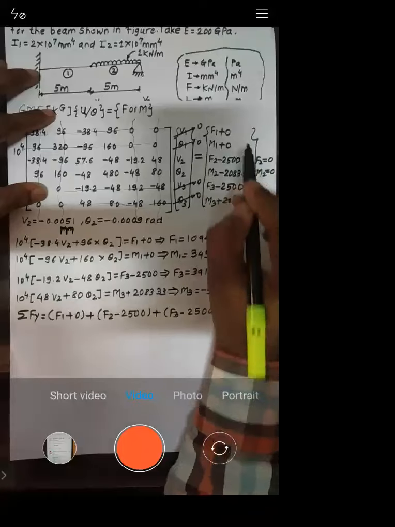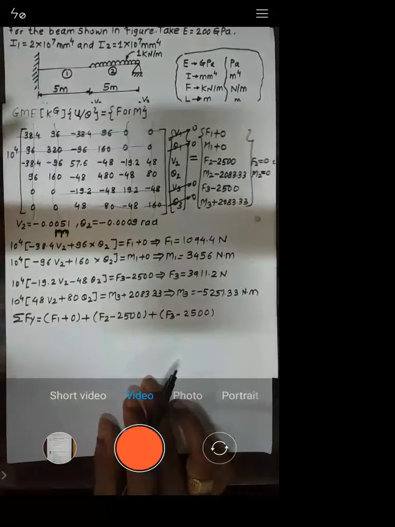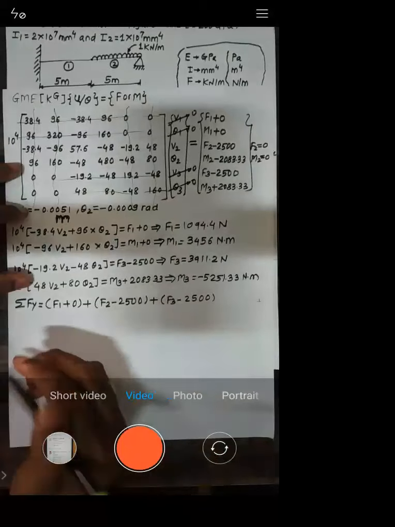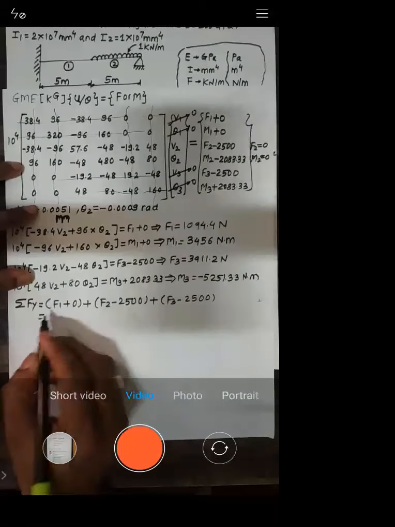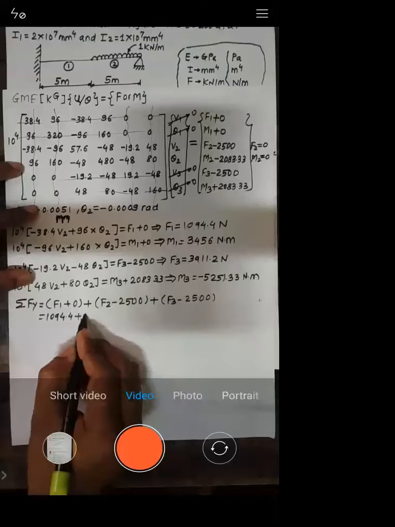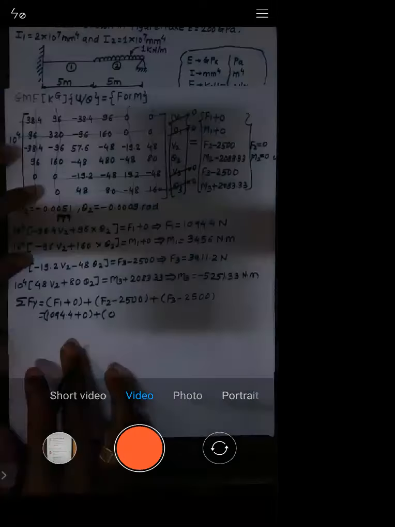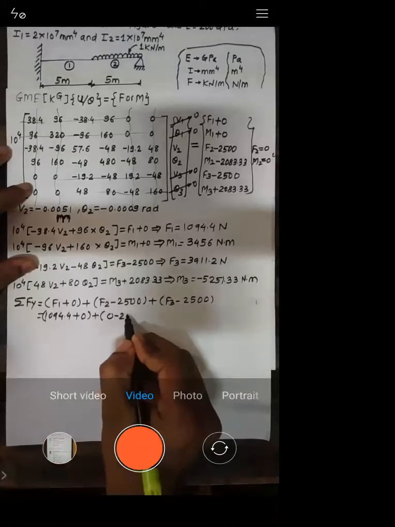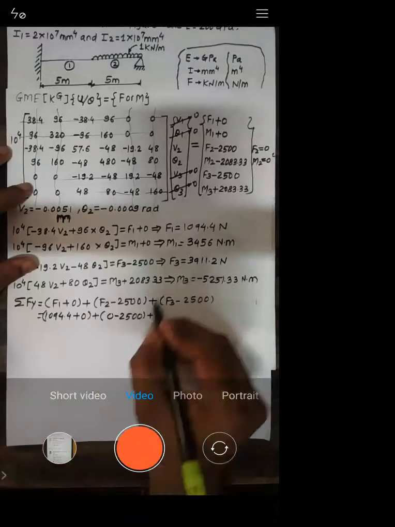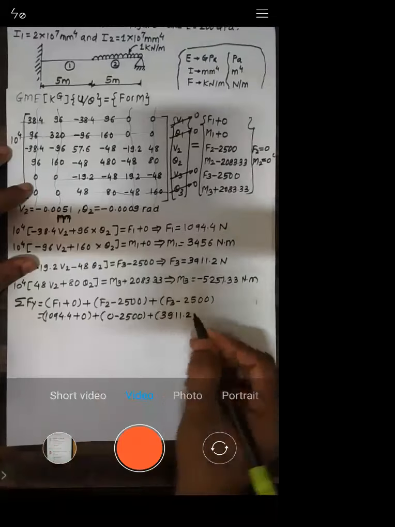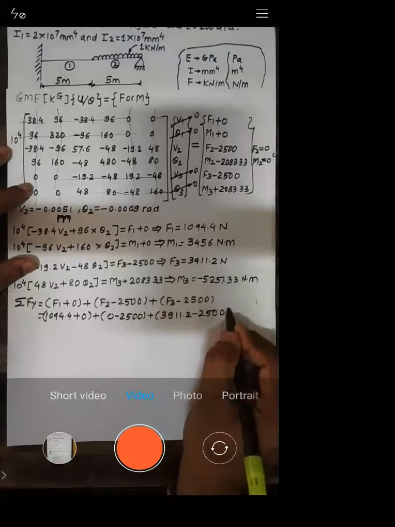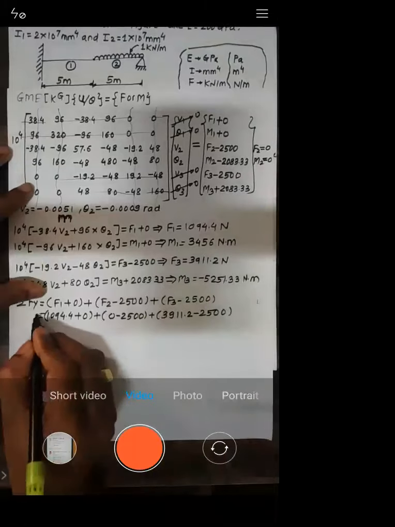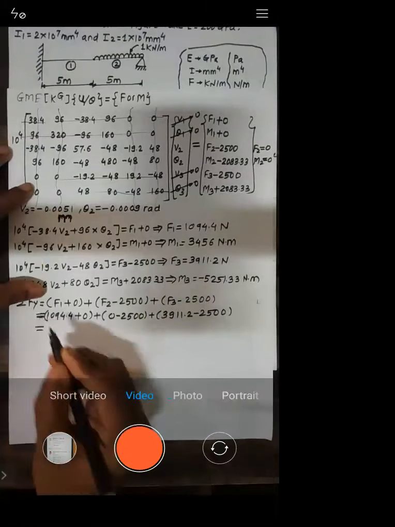F1 is 1094.4 plus 0 plus F2, which we have put as 0, minus 2500 plus F3 which we calculated as 3911.2 minus 2500. All of you check it. How much do you get?